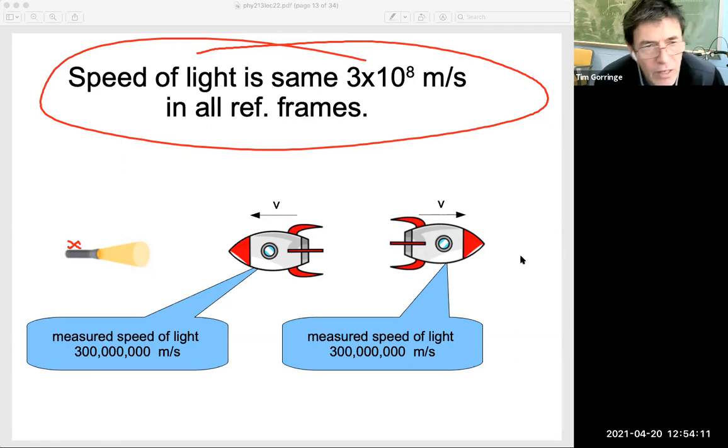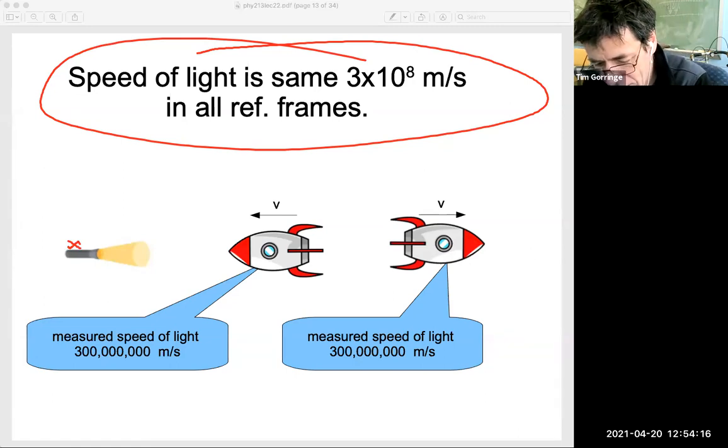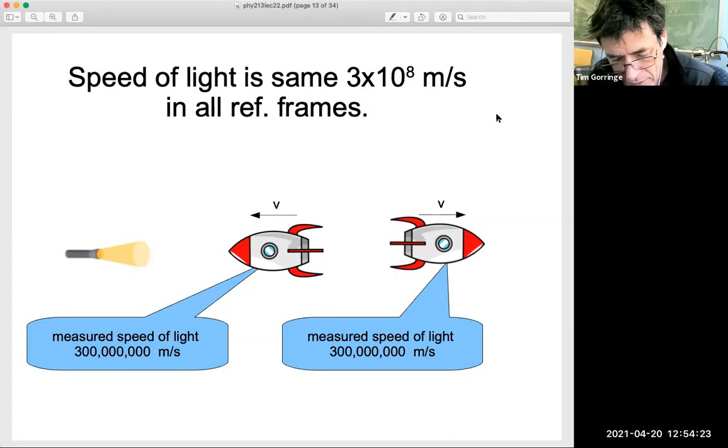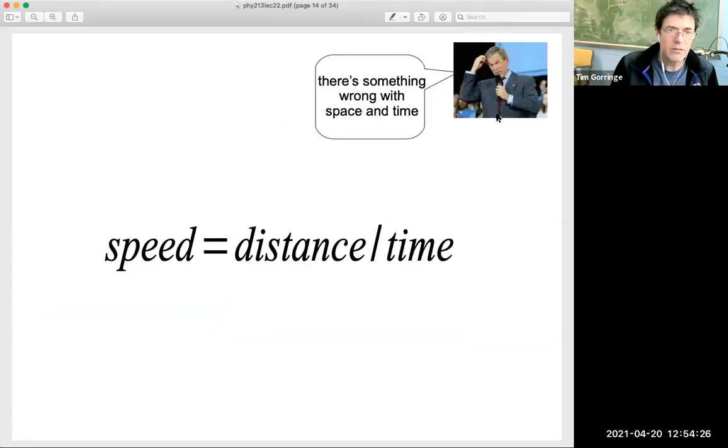So let's step back at this moment and quickly review, because it's important to our understanding. In everyday life, there are some things that are absolute and some things that are relative. How often I or my partner think I do the washing up is relative to our own perspectives.